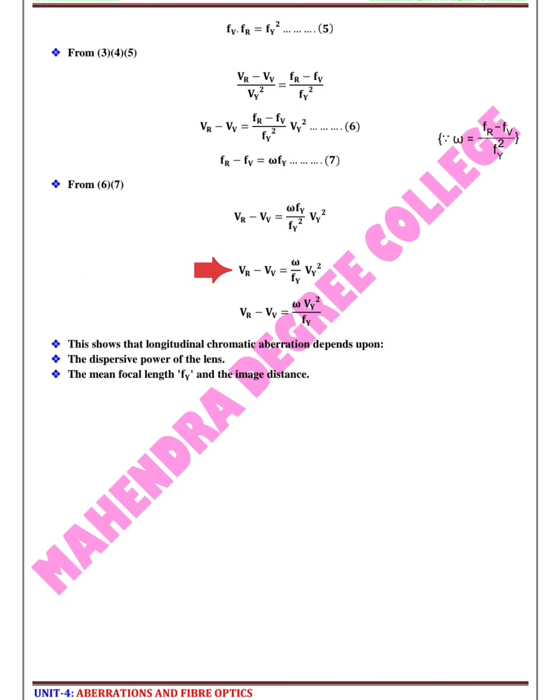On the right hand side the numerator Fy and the denominator Fy square cancelled, remaining the denominator Fy. Finally, we get Vr minus Vv equals omega by Fy into Vy square.